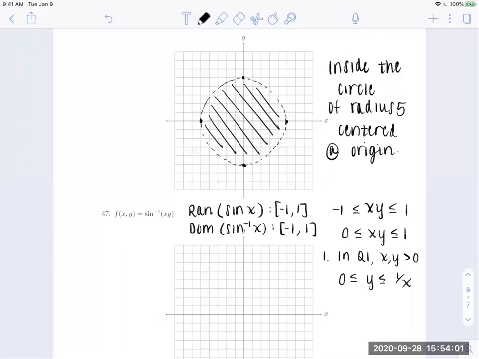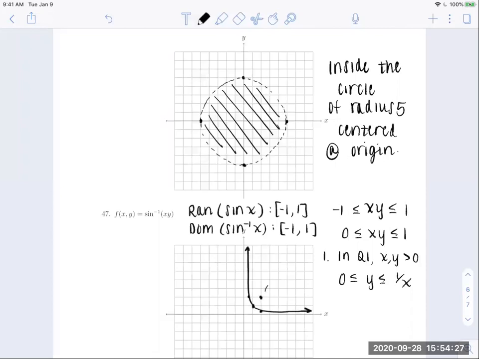So if I plot this, I want to go through 1, 1, 1/2, 2, and 2, 1/2, and so on and so forth. I am making this a solid line because I want to include points on this line. And the question becomes, do I want to shade inside or outside of this curve in quadrant 1?